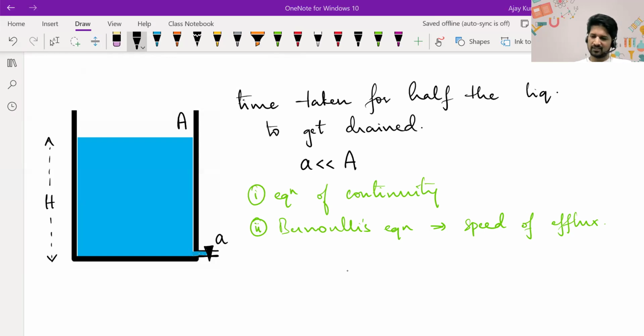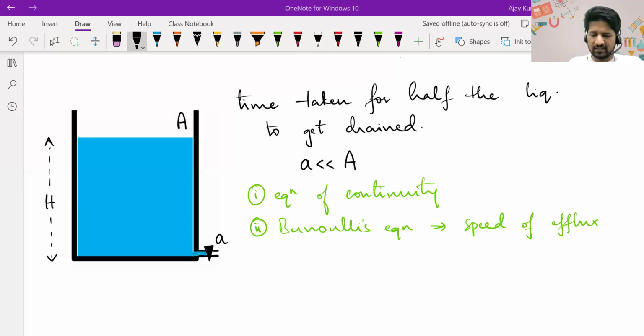Variable, okay? Because speed of flow depends on the height of liquid above the tap. Height will keep changing as the liquid gets drained, that height will keep decreasing, so speed will keep changing. So if speed is variable, volume flow rate will be variable.